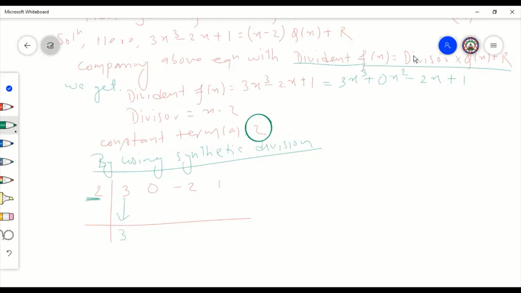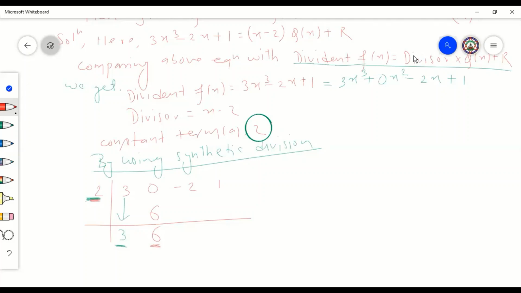After that, we multiply this 2 and this 3, we get 6.